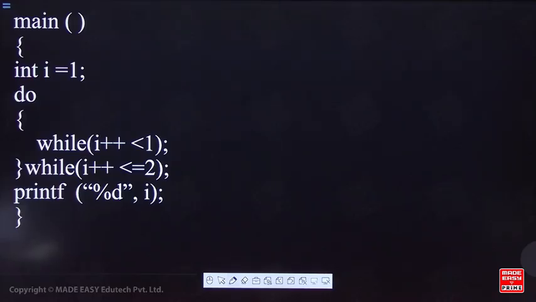Think carefully and solve. Don't take any tension, I am giving some time, because accuracy is important first. Accuracy and speed, both are important.